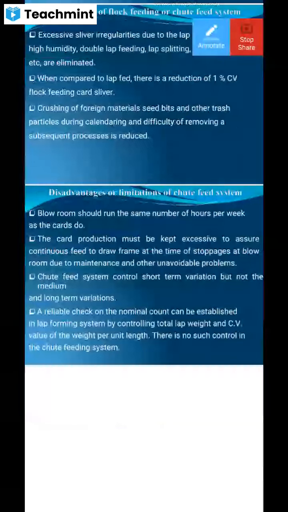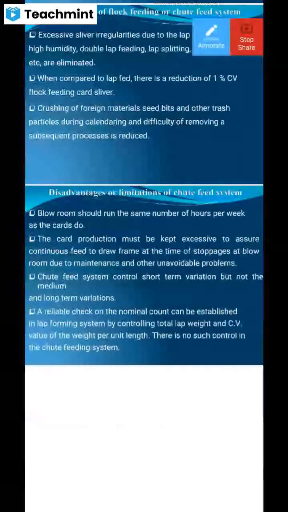A reliable check on the nominal count can be established in the lap forming system by controlling the total lap weight and the CV value of the weight per unit length. There is no such control in the chute feeding system. In the lap feeding system, we closely monitor the total lap weight, the between-lap CV and within-lap CV. If any variation occurs, we reject the lap and reprocess it once again.